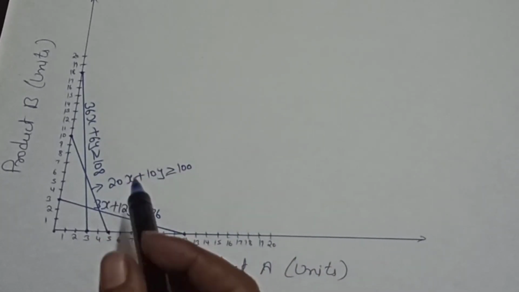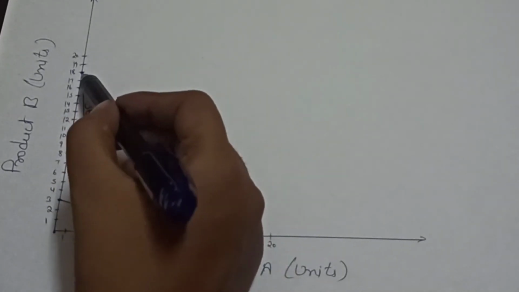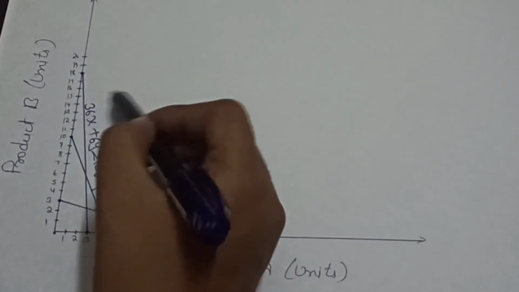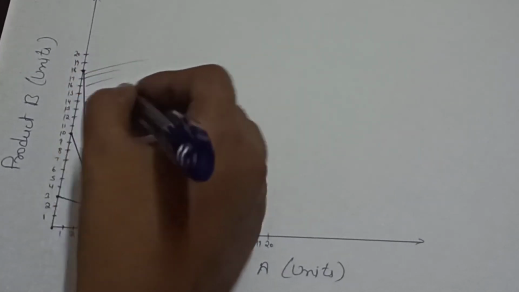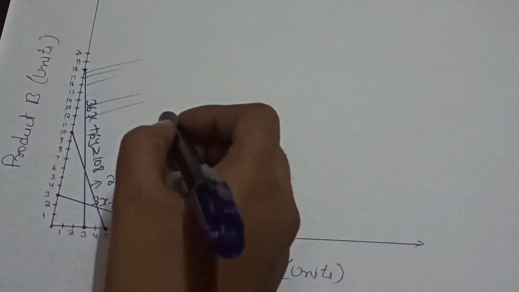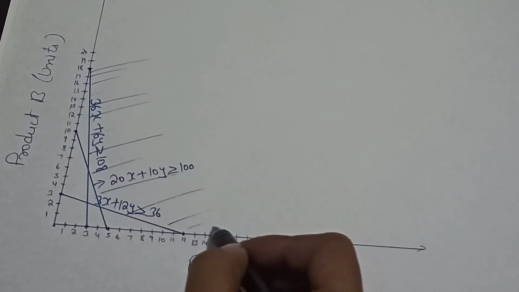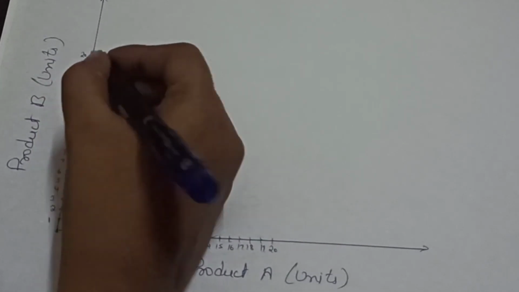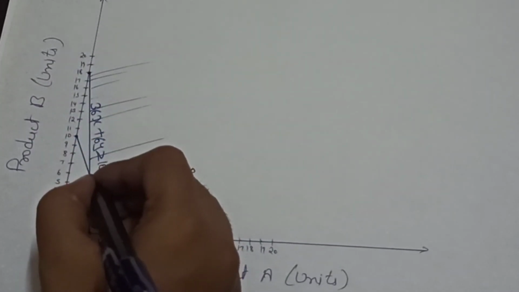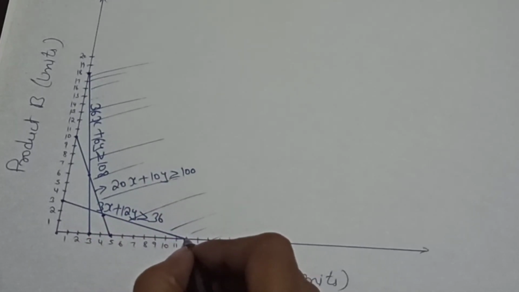So you can see this is our minimization problem. So this is the region. This is the area. This is our area. So you can see this is the first point, this is the second point, this is the third point, and this is the fourth point.